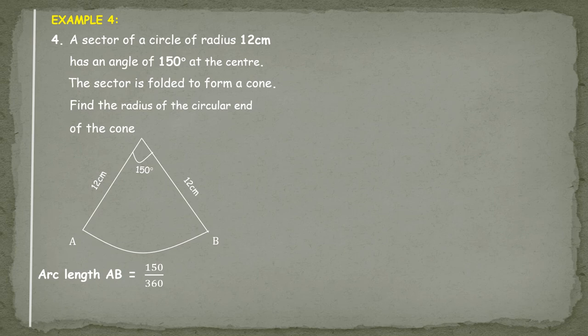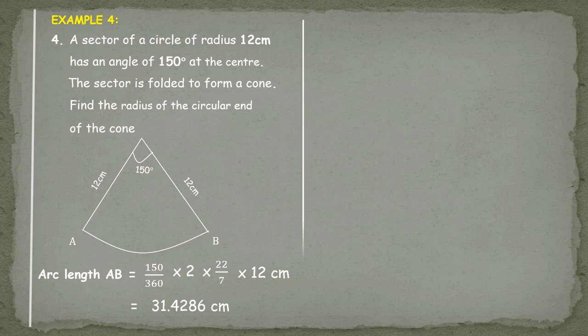So I can get arc length AB as theta out of 360 times 2 pi r. The r is 12 centimeters. Now this gives us 31.4286 centimeters.